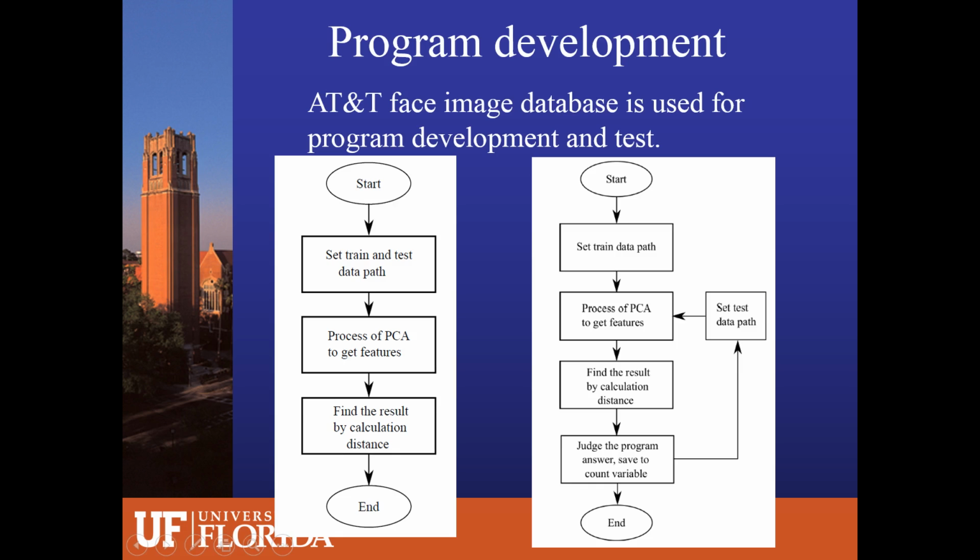The first step is, as we said, to set up the database of both training data and testing data. Then we do the PCA method and get the features. Finally, we find the result by calculating the distance. The only difference between these two control blocks is that one has a loop, so we can change the testing image every time and let the program do testing automatically.